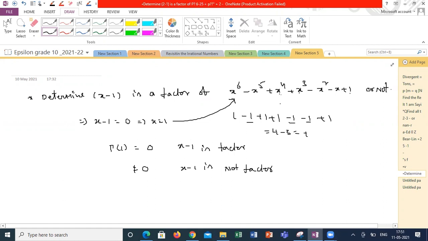Check properly. It's not 0, the remainder is 1. If the remainder is 1, what does it mean? It's not a factor. The remainder is plus 1.